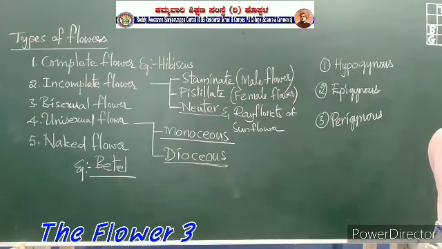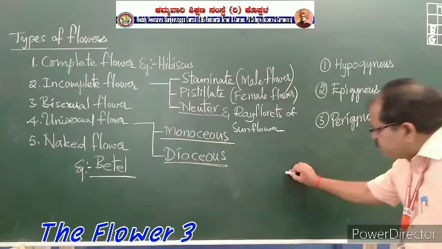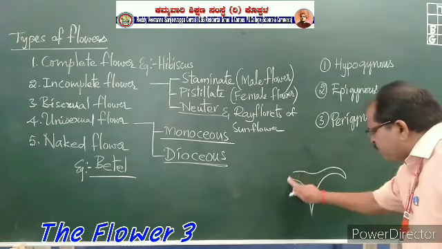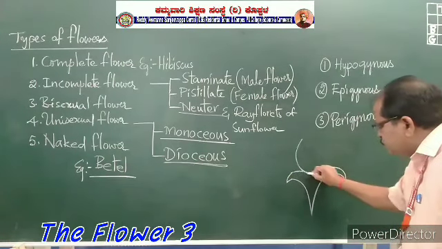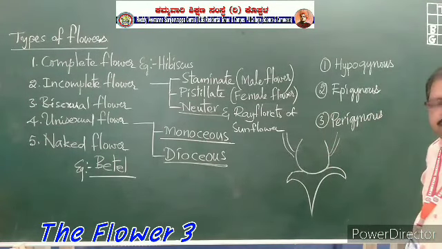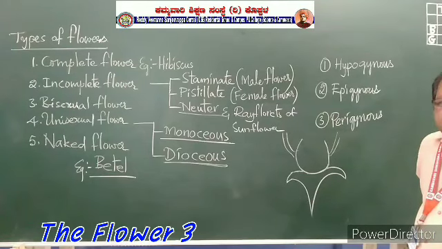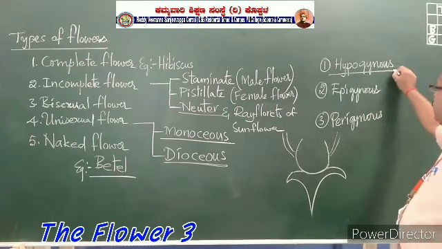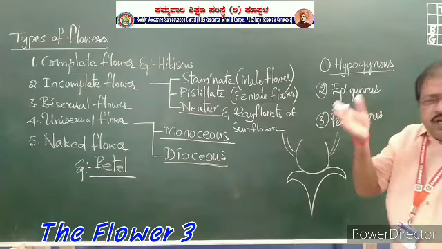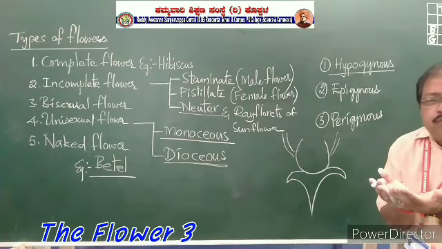Hypogynous flower, actually the ovary is present on the thalamus. This is the thalamus, the ovary is present here, and from here the androecium is developed. So hypogynous flower means the position of the ovary is above the axis of the flower, and all other three floral parts are below the ovary.